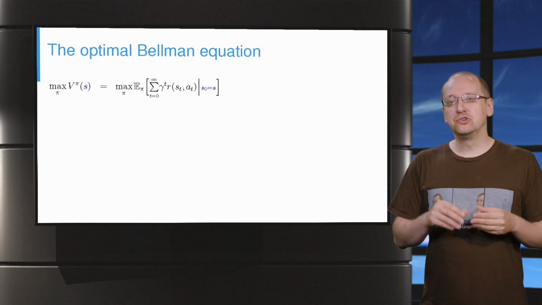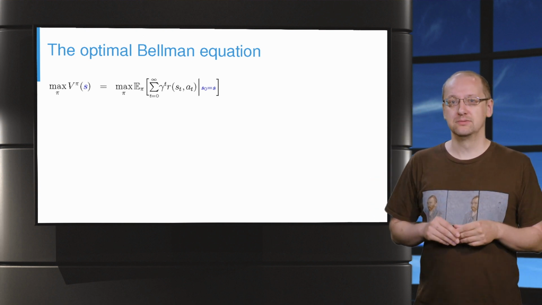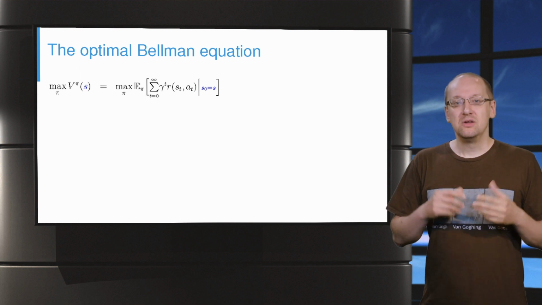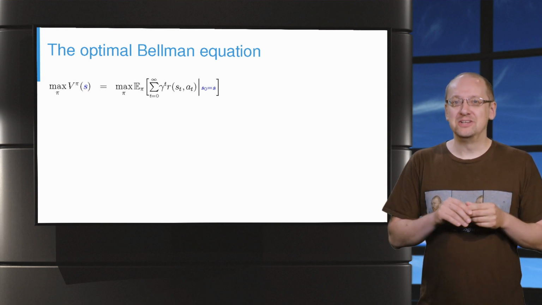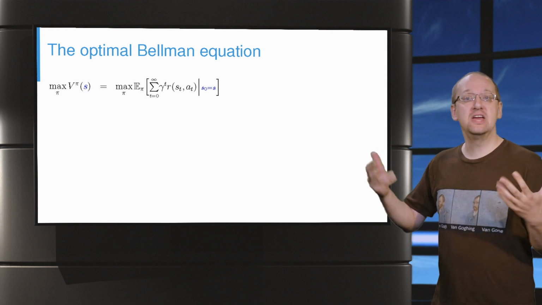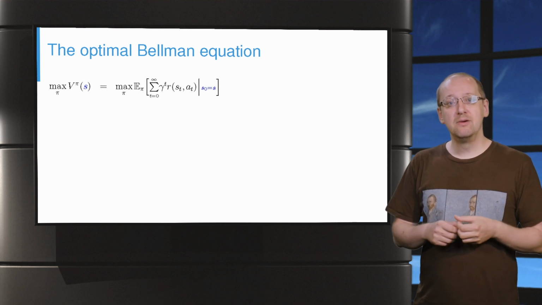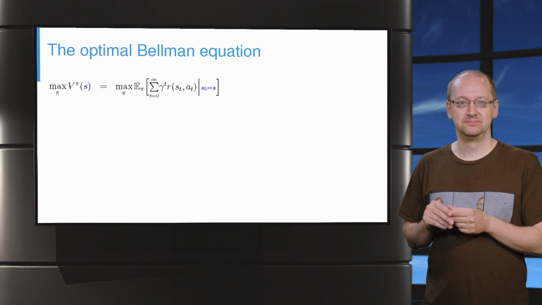However, we want to know which policy will give us the largest value. For this, we need to do a bit of math. Don't worry, it looks worse than it is. We start with the value function of a state S, but this time we want to find the policy pi that maximizes it.